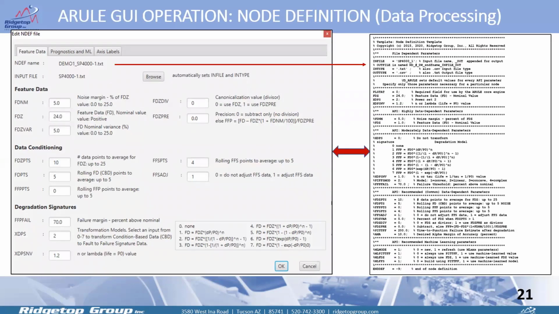Next. That definition then points to one or more node definitions. And you'll see it on the panel here. You'll see that it consists of basically blocks of words like FDZ points. That represents a keyword, and the value is 10. And if you look, that is in fact a user-friendly view of what you see on the far right-hand side.